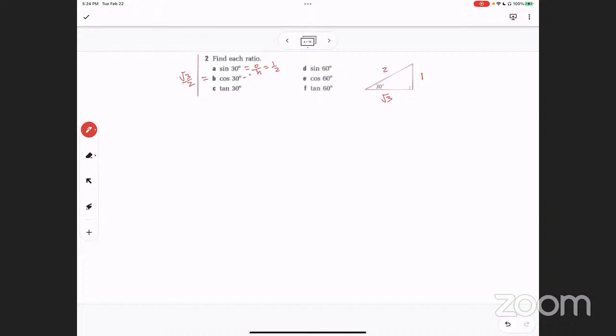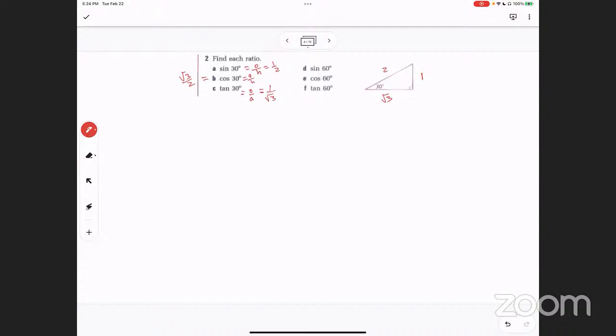The tangent... Remember, it would involve Sohcahtoa. So toa, O-A, O divided by A. What's the opposite of 30? The opposite is 1, and the adjacent is root 3. So it's 1 over root 3.